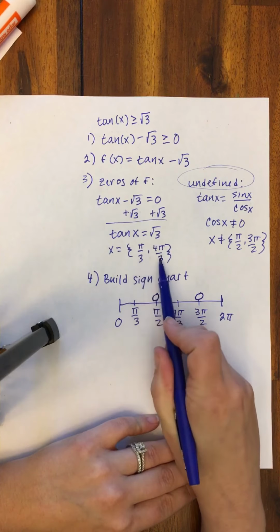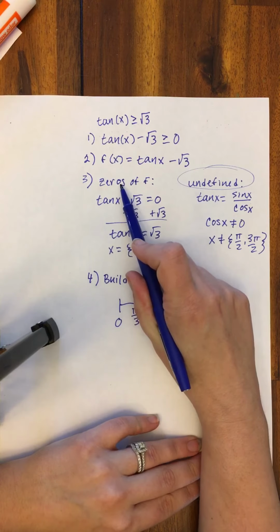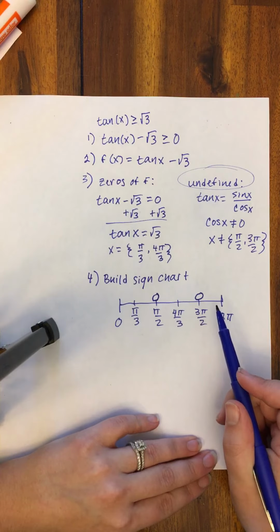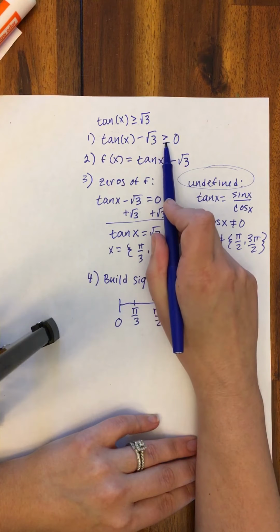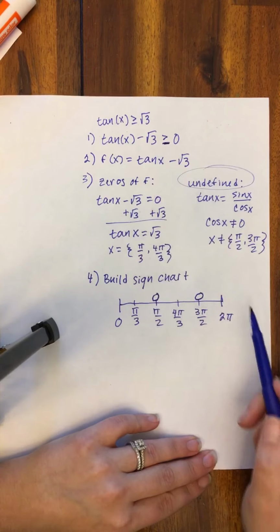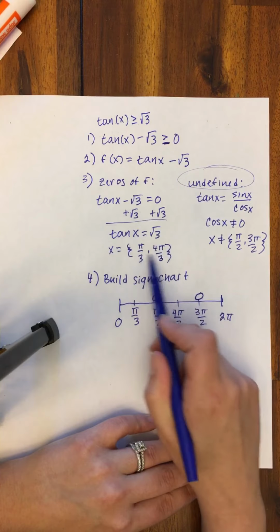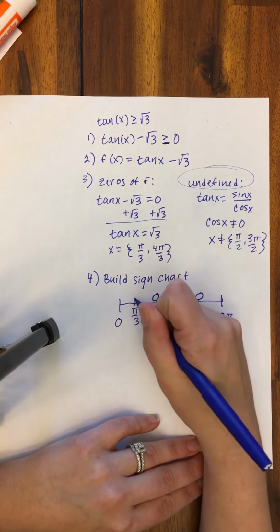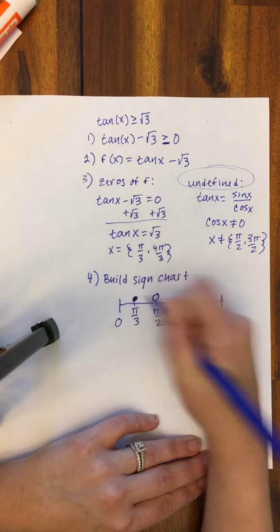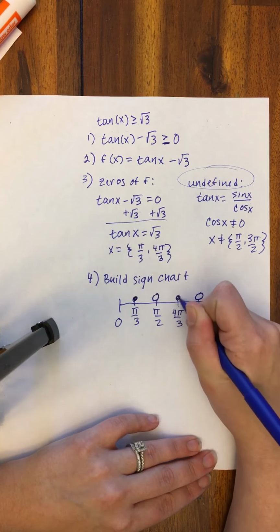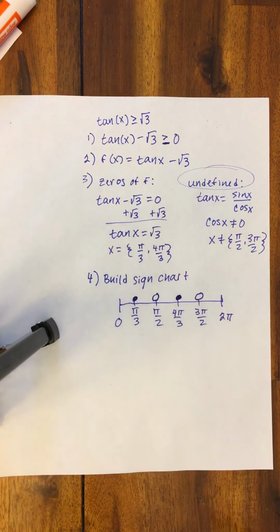Then you look over here, these are the zeros of the function. They will be included if we're solving a problem with an equal to bar on the inequality, because we're looking for where this is greater than or equal to 0. These are the values where it equals 0. So yes, they're included. If there was no equal to bar on that inequality, we would not include them.